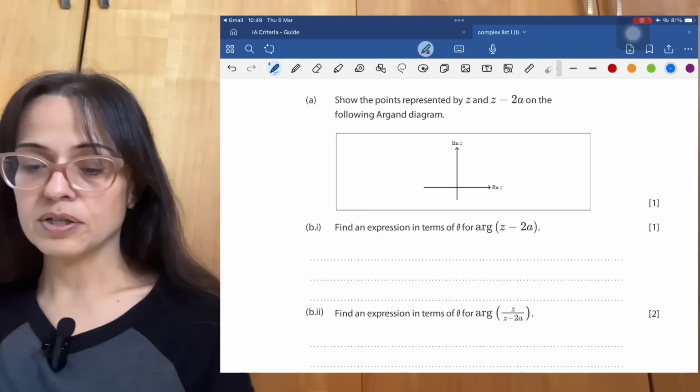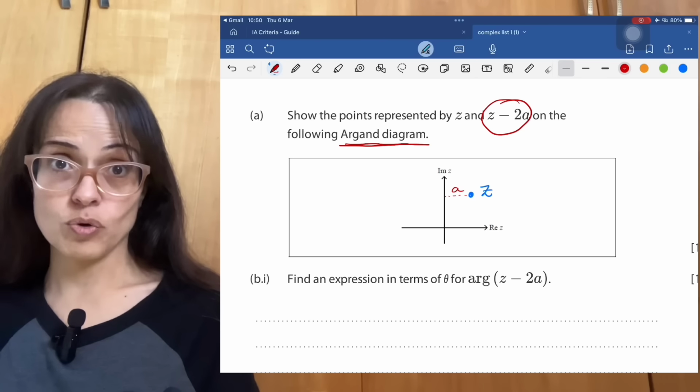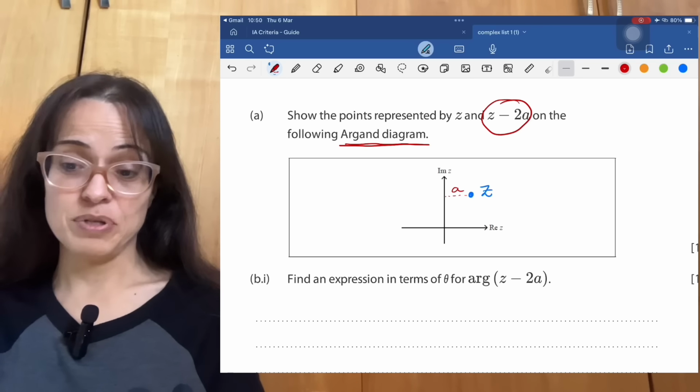And now he wants me to subtract 2a, but subtraction is translation, and 2a is a real number. So in which direction is this translation going? It's going to the left. I am subtracting a positive number. But it's not any positive number because a is also this distance, right? It's the horizontal coordinate of the number z.